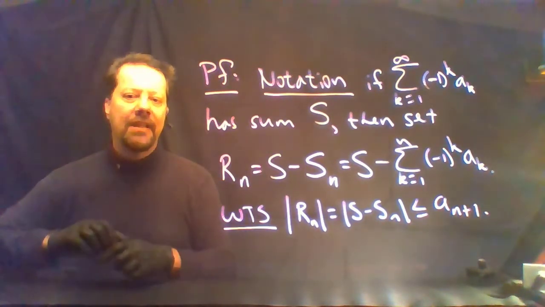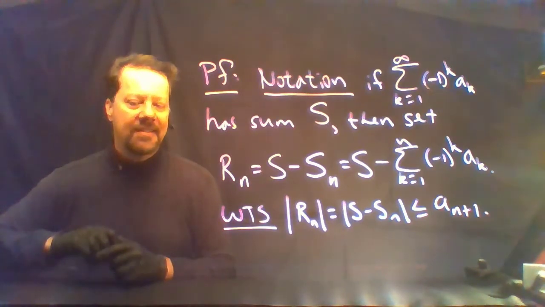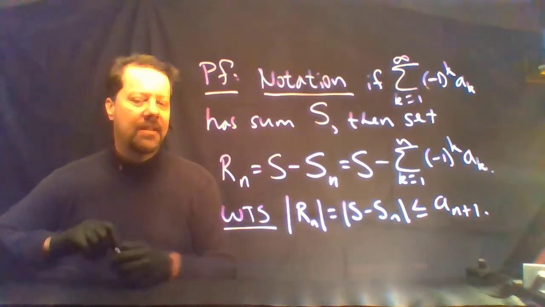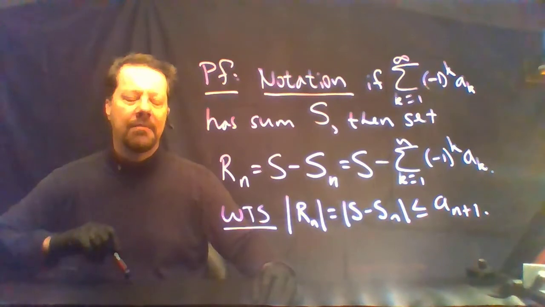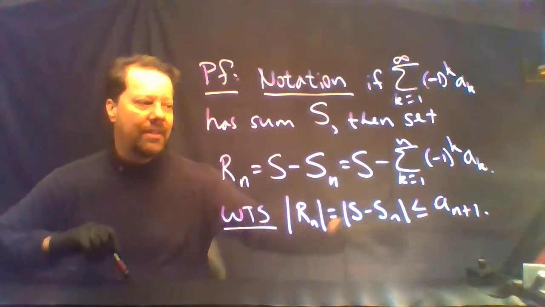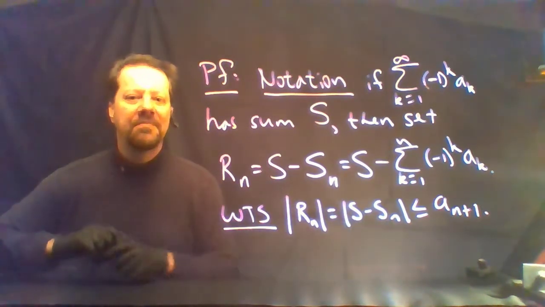The error that you get in approximating the sum of an alternating series by truncating at the nth term is no worse than the magnitude of the very next term.